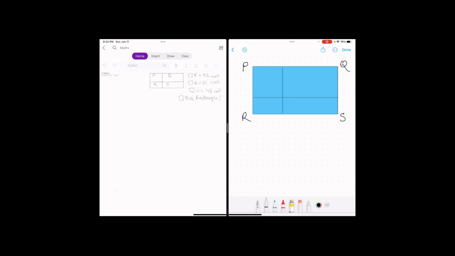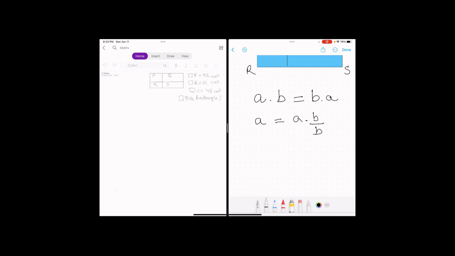For example, if I multiply A by B, it's the same as B multiplied by A. A can also be written as A multiplied by B divided by B. Similarly, A can also be written as A multiplied by B into C into D divided by B into C into D, because the numerator and the denominator will cancel out to be 1.